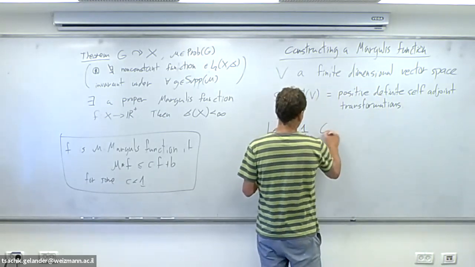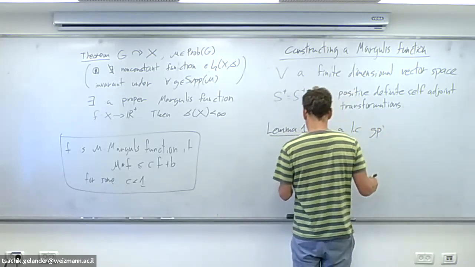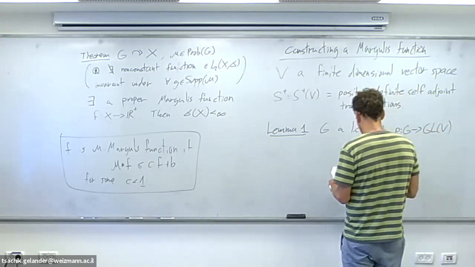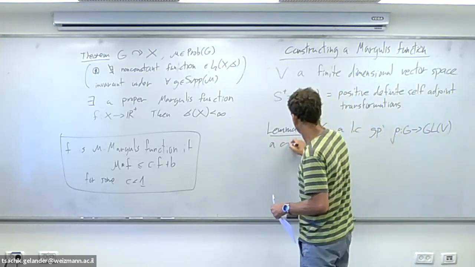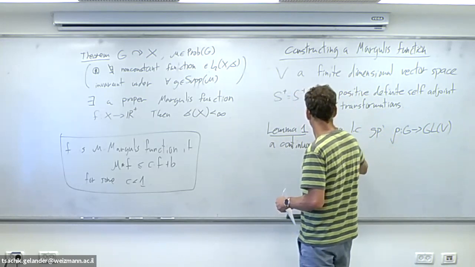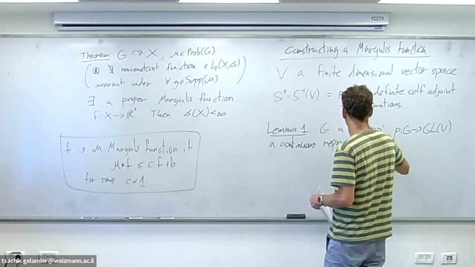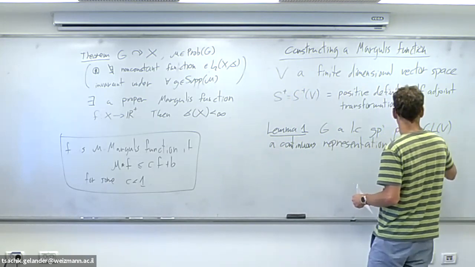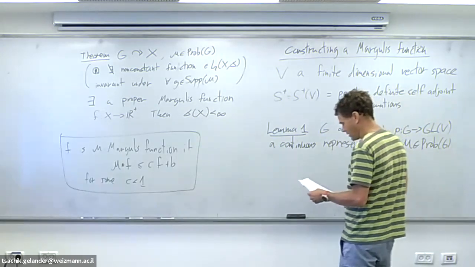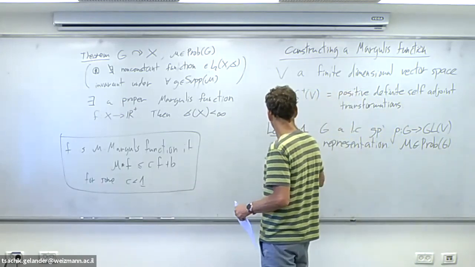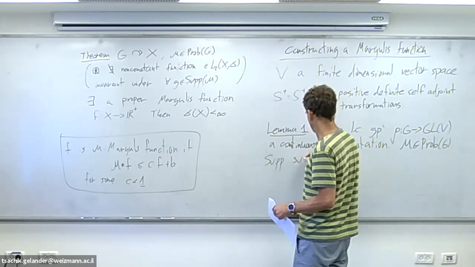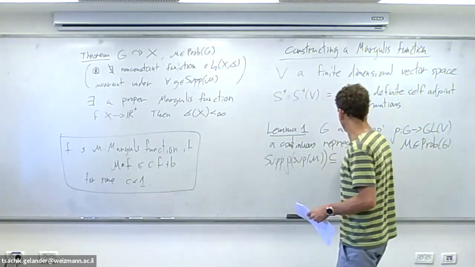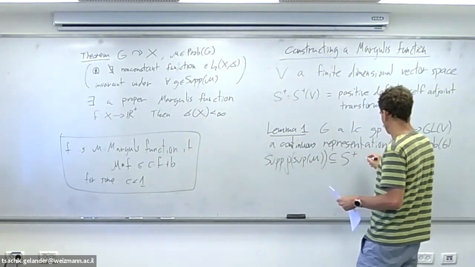Let G be a locally compact group, rho a continuous representation, mu a probability measure on G. And suppose that the image of the support of mu is in the positive definite matrices, and that mu is symmetric.